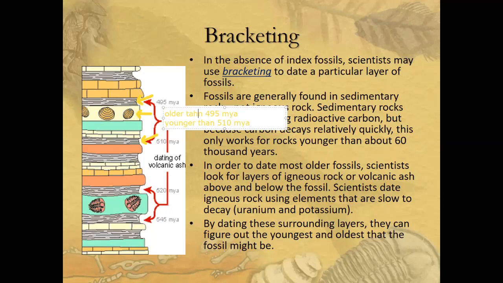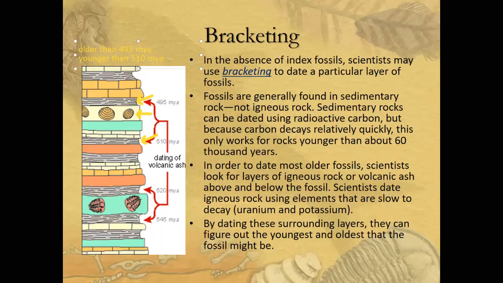Okay, so this is how the information can be utilized to give an age for a rock layer that is not datable directly. You may also be able to use an index fossil to do a similar type of analysis when doing this type of bracketing.